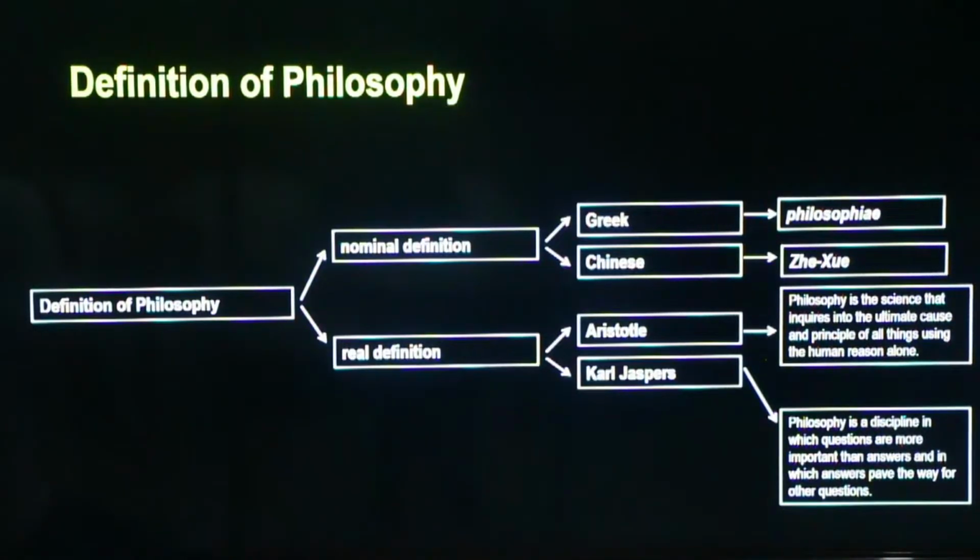But the ultimate cause is something that causes all things to be, but there is nothing that causes it to be. In other words, the ultimate cause is the thing that causes all things to exist without having anything to cause it to be.